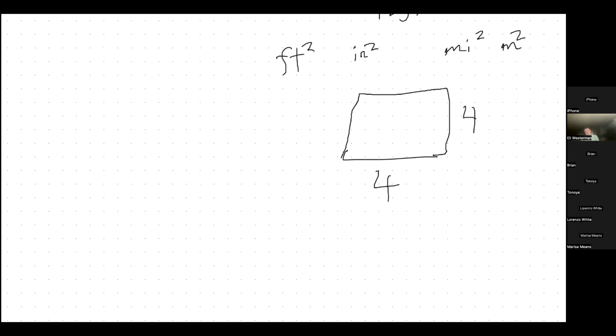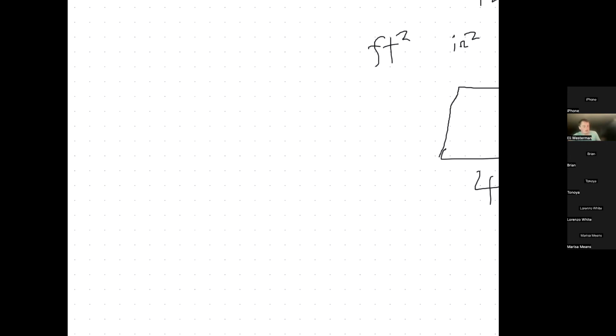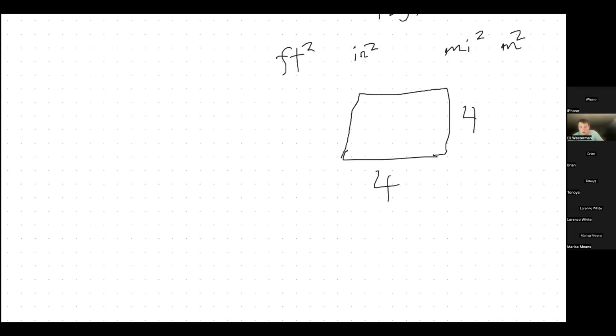All right, we got one answer in the chat. It's the right answer. To find this area, we have to say 4 times 4 equals 16.